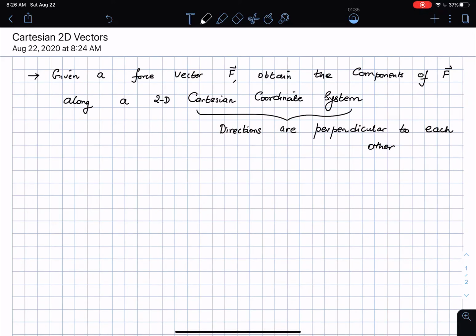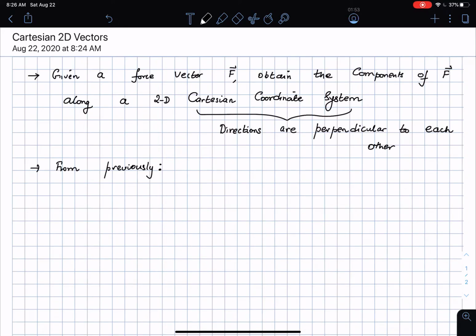And we have known previously, if the directions are perpendicular to each other, then the components of a force along that direction are the same as its projections.